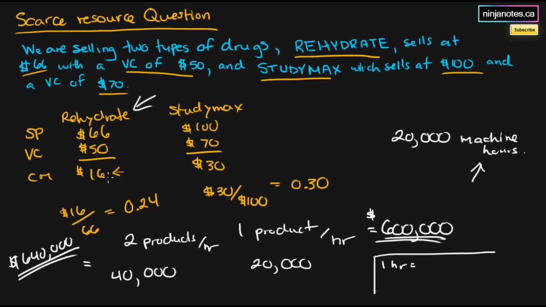So 2 units times $16 of contribution margin means we can produce $32 of contribution margin every hour of the Rehydrate. And in 1 hour of StudyMax, we can only produce 1 unit, so 1 times $30, which is only $30 of contribution margin from StudyMax, so obviously we will go with Rehydrate as our product.